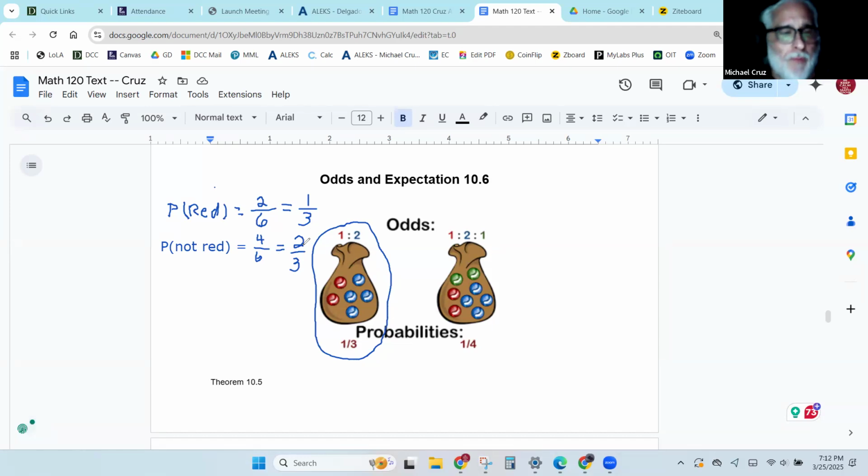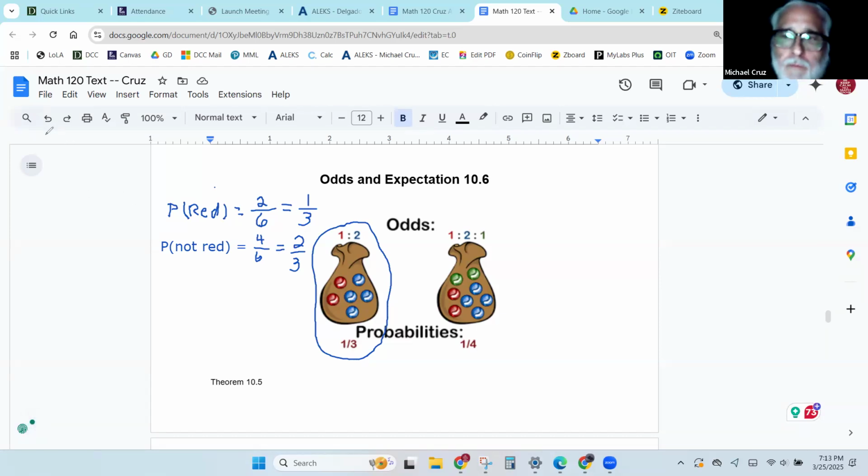And that should happen. The probability of getting red and not red, and this could be any event, not just the colored marbles, anytime we do this, we can find that the numerators will add up to give us that denominator of these 2 events, the probability of an event occurring and it not occurring.